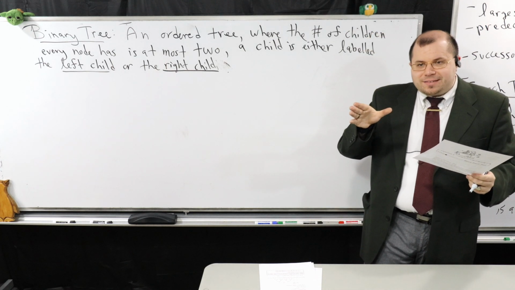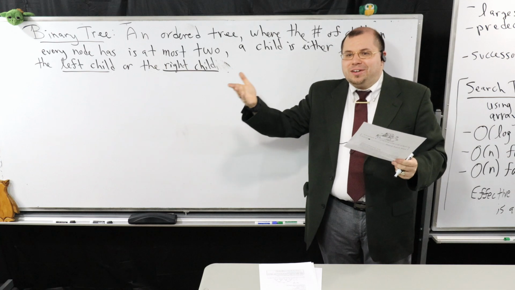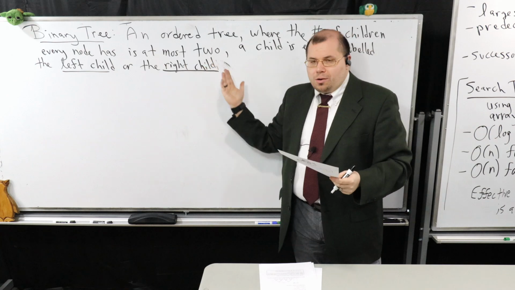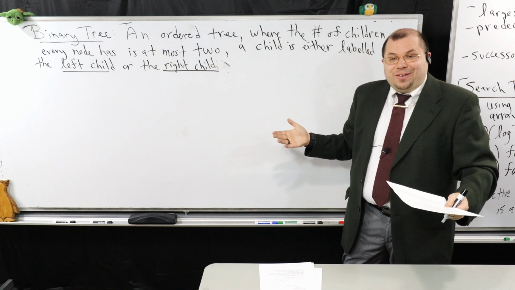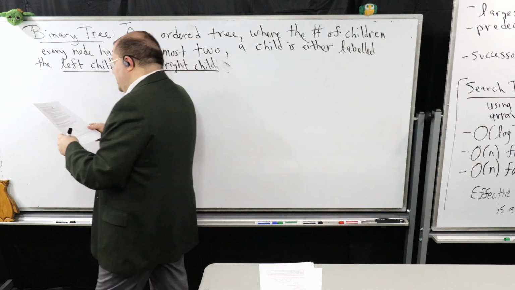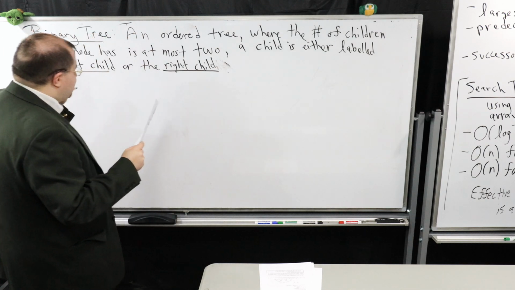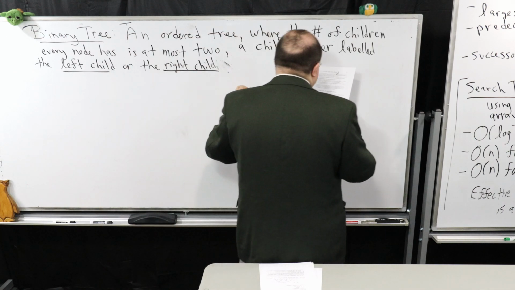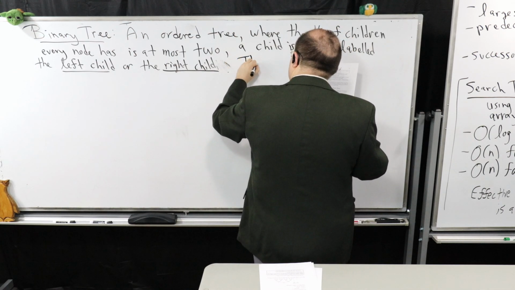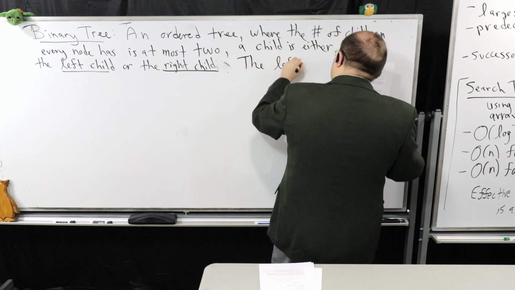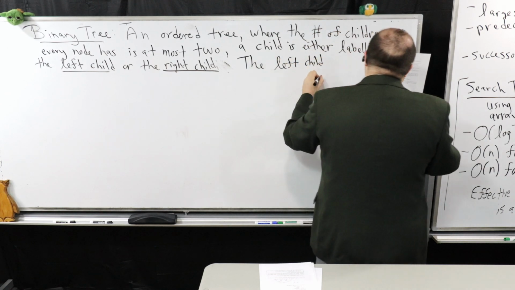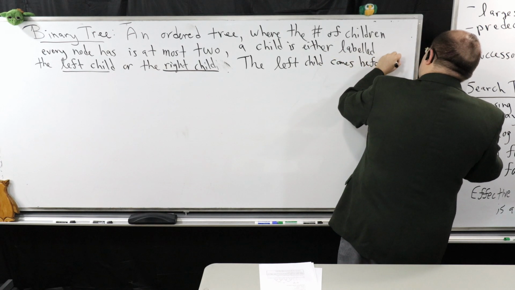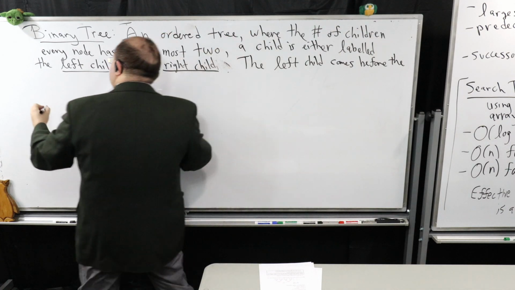If there's two of them, one's going to be called the left child, one's going to be called the right child. If I have one child, then it might be a left child or a right child. If I have no children, I'm a leaf node, right? The one thing I need to stress is that the left child always comes before the right child.